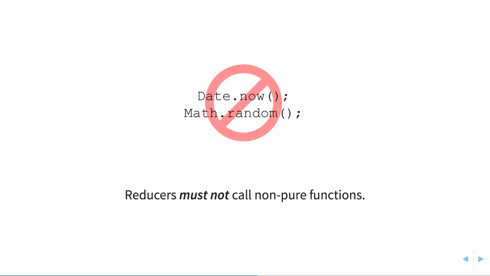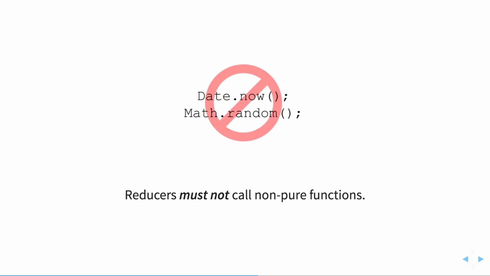I think for people who are new to Redux, that sometimes tends to be a point of aggravation when you say, why can't I make an API call in a reducer? Because you can't. Don't do that.